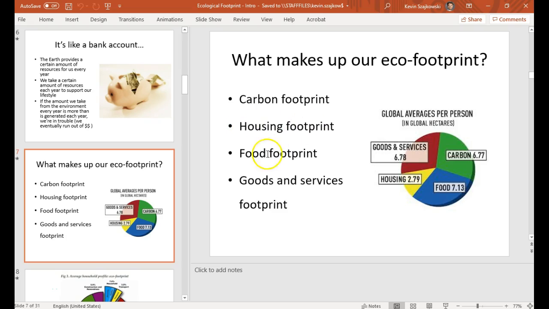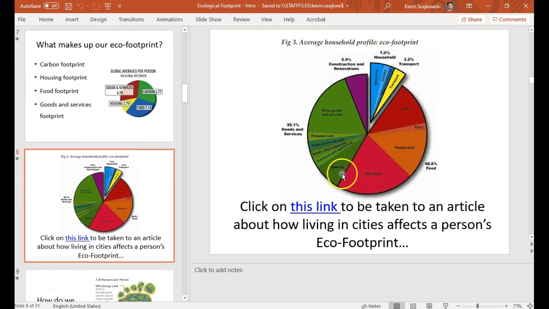And again, our housing footprint, our food footprint, and what we buy also all contribute to an overall impact that we have on the environment. And again, there are some slides here that you can take a closer look at to see which of these categories has a bigger role to play in some people's eco footprints, and everybody's is going to be slightly different, but this is a typical person in North America's footprint and where it comes from, different aspects of their lifestyle.